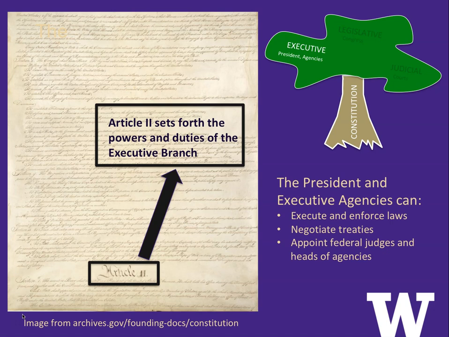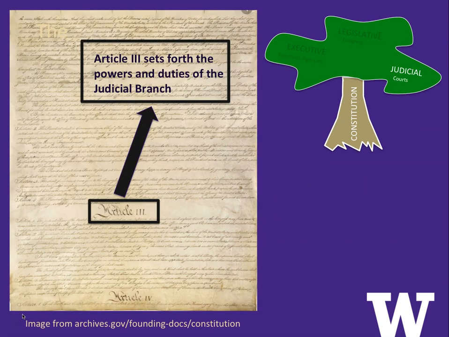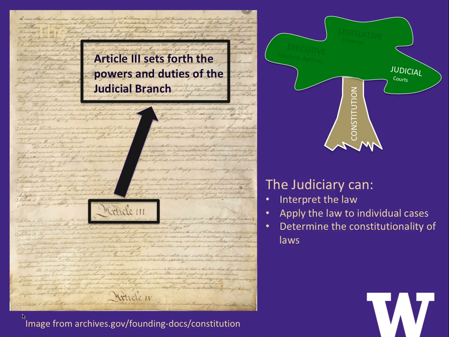This branch is charged with executing and enforcing laws, and can also negotiate treaties, appoint federal judges, and heads of agencies. Article 3 addresses the powers and duties of the judicial branch. Under the Constitution, the judiciary can interpret the law, apply the law to individual cases, and determine the constitutionality of laws.